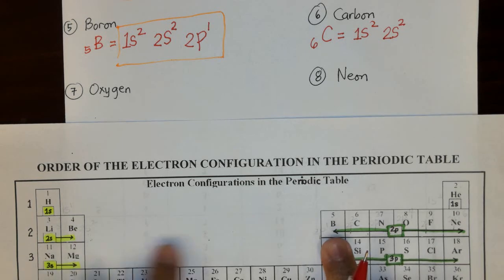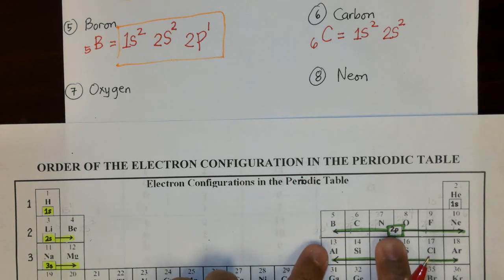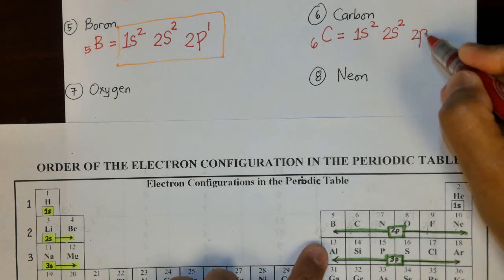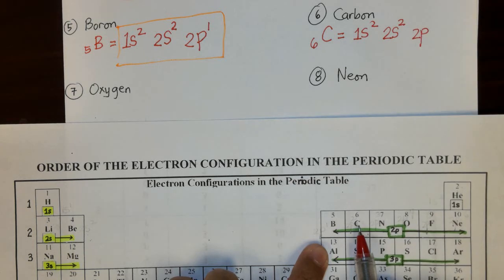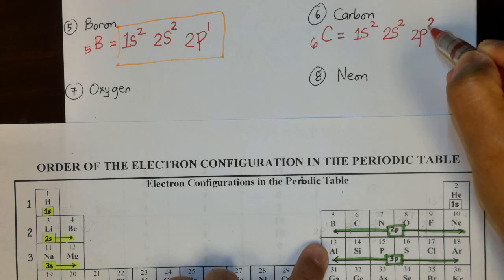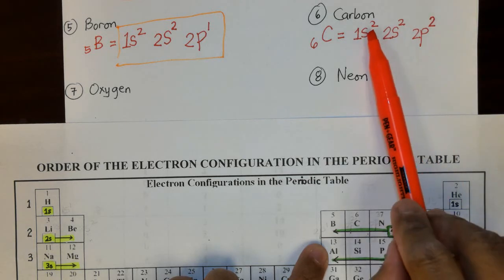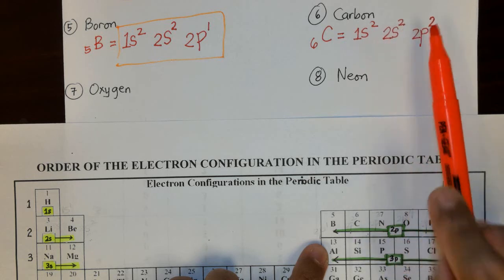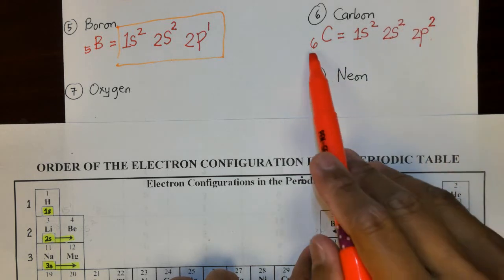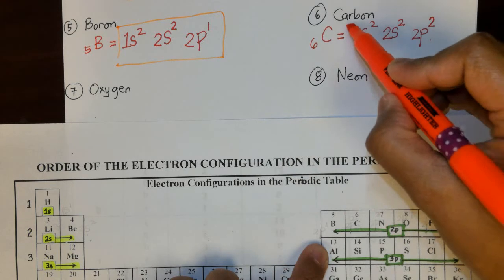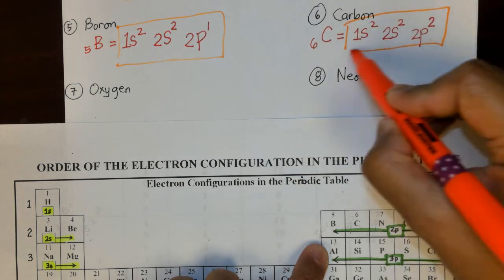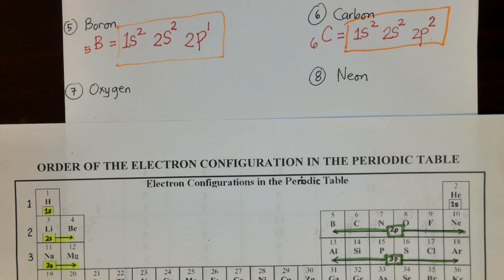After that, I go to where carbon is. It's a 2p, but it's the second element of the 2p. So that's going to be 2p2. And when I add all my exponents, 2 plus 2 plus 2, that's a total of 6. I get 6 as its atomic number. So that means my electron configuration is correct.